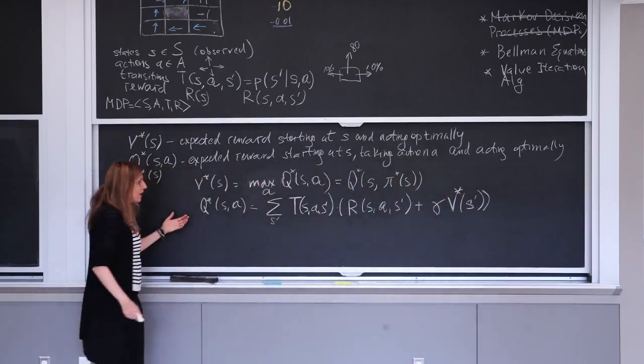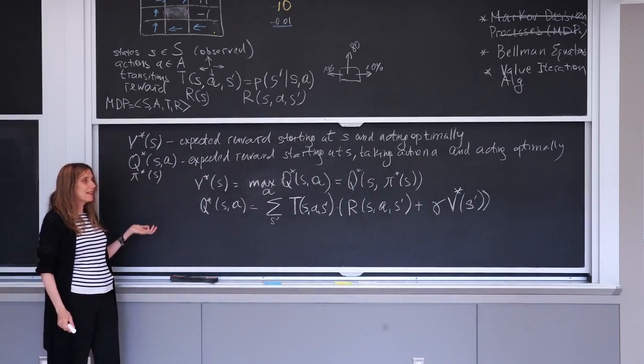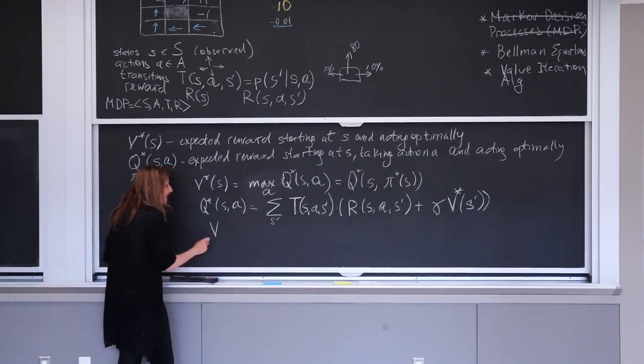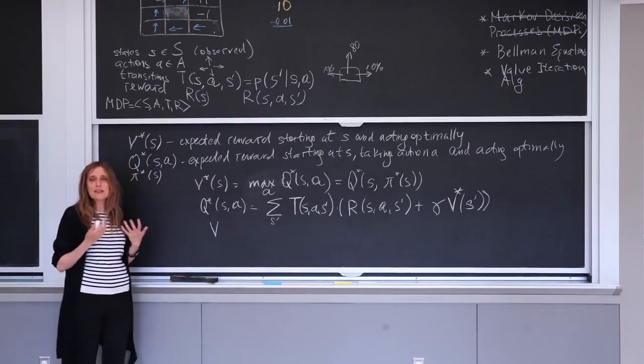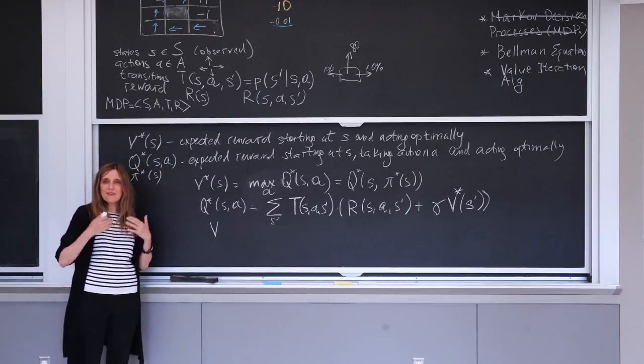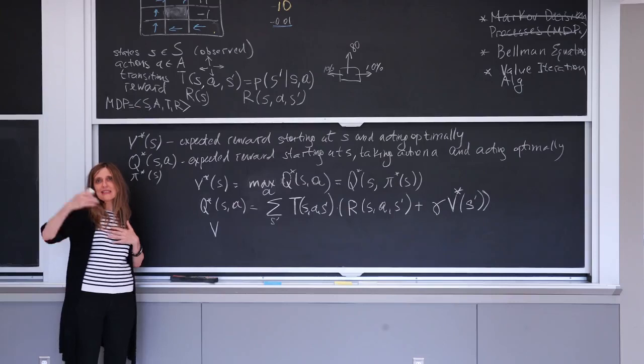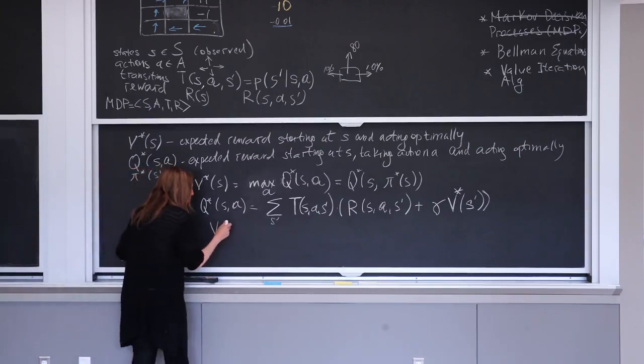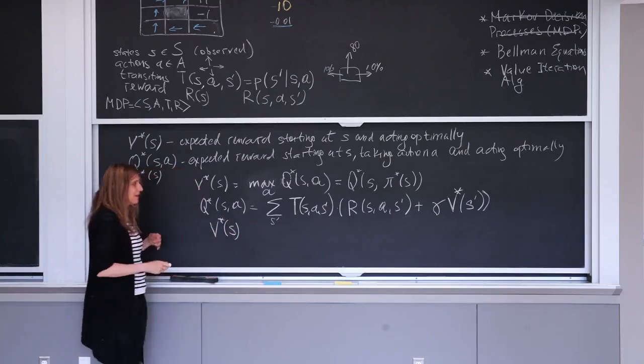And now let me just define V in a similar fashion. What I want to do is define V recursively, meaning to define V of this state in terms of V's of neighboring states. So here we are writing V of the state.